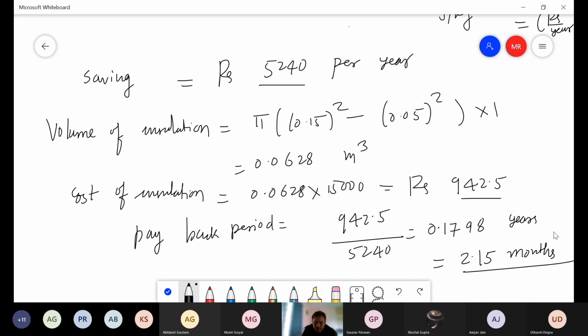So 4.5 days. This 5240 we get in a year, so we should divide 5240 by 12 if we want to calculate the income per month. That's what I have done in the later part, Achintya. First I calculated in years, then I multiplied by 12, so I got 2.15 months.